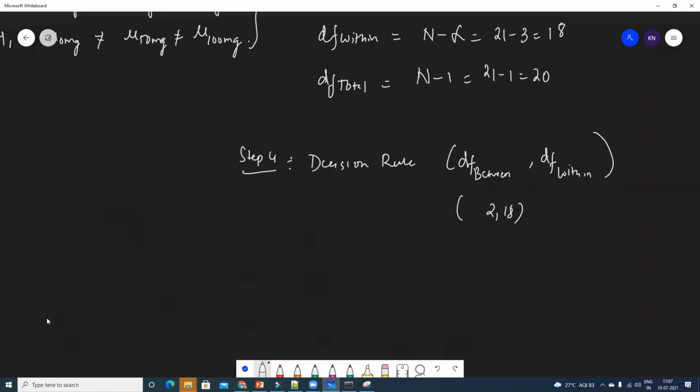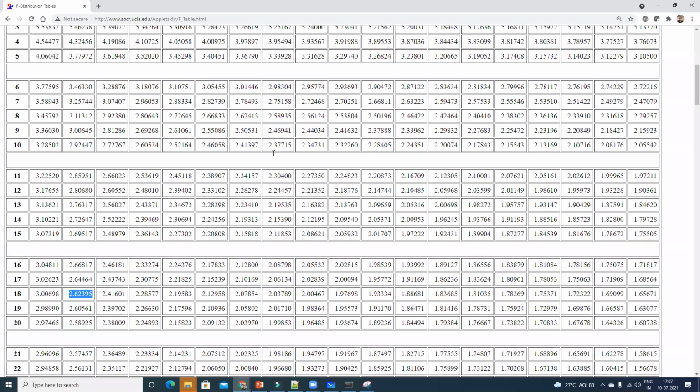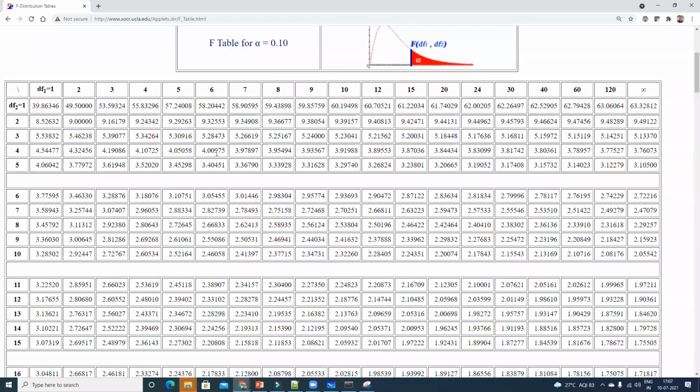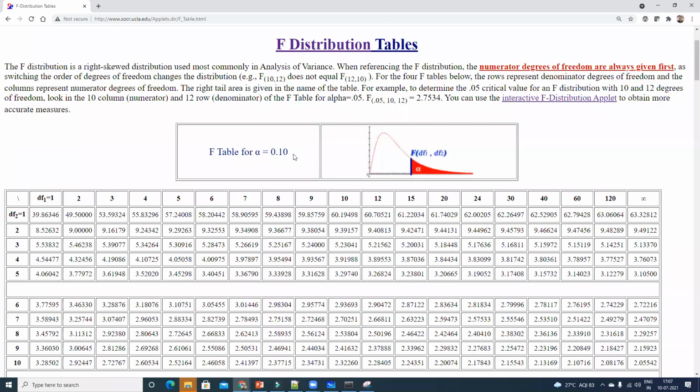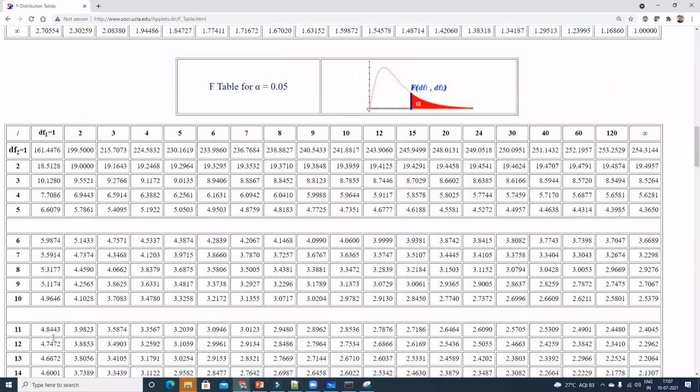Just a second, guys. 2 comma 18. Okay. Sorry. See, guys, one mistake. Here, F table for alpha is equal to 0.10 is there. What is our alpha value? Alpha value is 0.05. So we have to see this table. Okay. So here is our value, 3.5546.